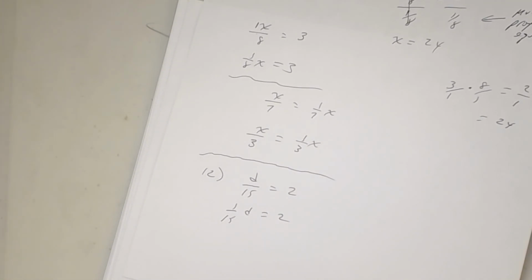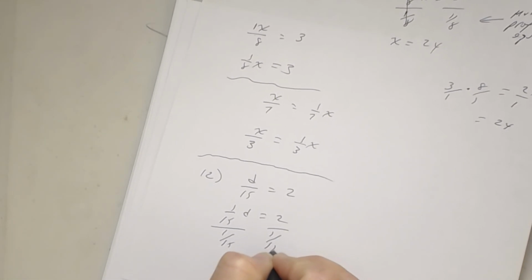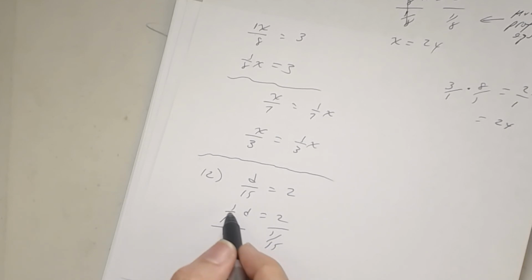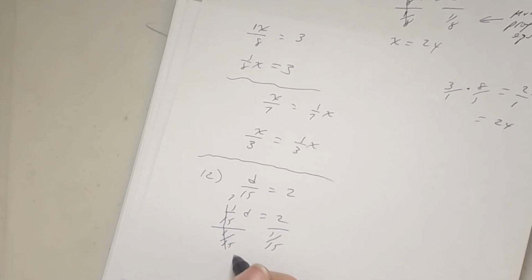Now that looks like a problem we had a while ago. So what's the next step? Divide both sides by the coefficient. The coefficient is 1/15. Then you simplify. 1/15 divided by 1/15 is 1. 1 times d is d.